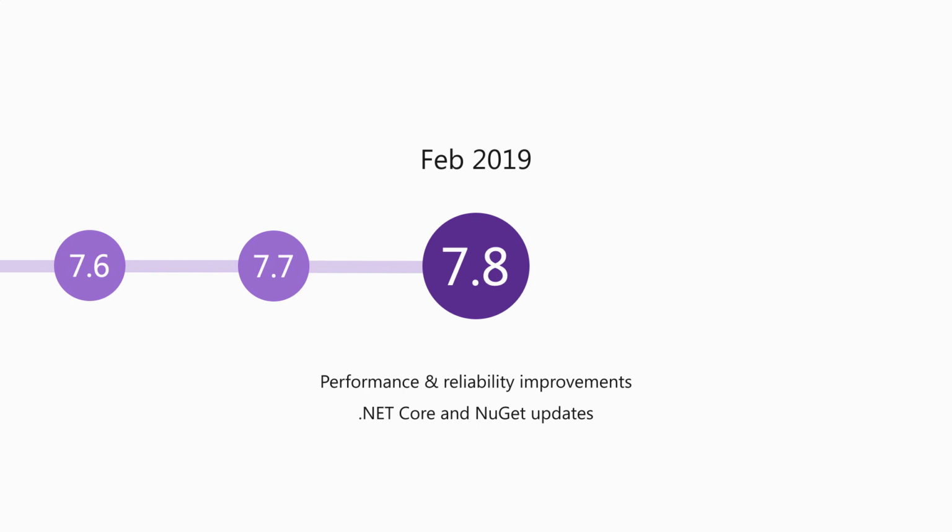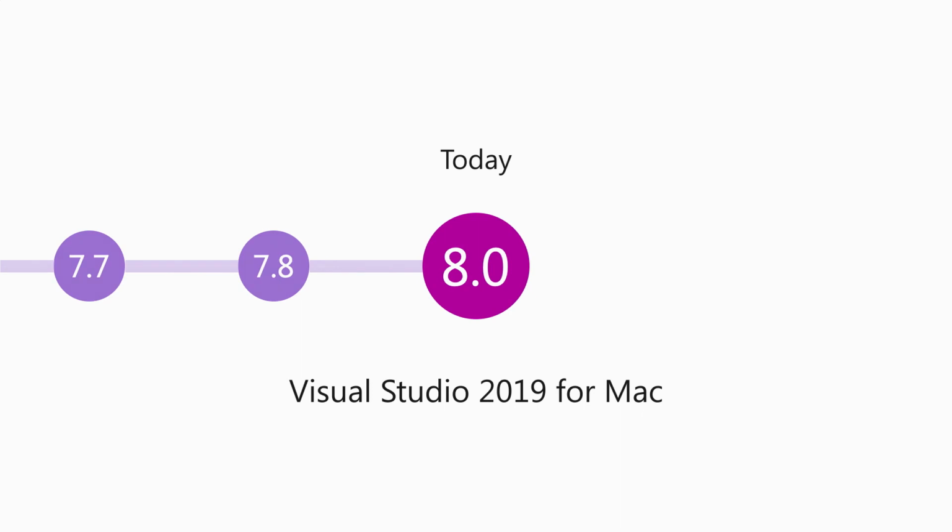Though over the whole 7.x life cycle, we have made major performance and reliability improvements in every release, because we've heard that those are very important to everyone. So that brings us to today. We are releasing version 8.0, which is Visual Studio 2019 for Mac.